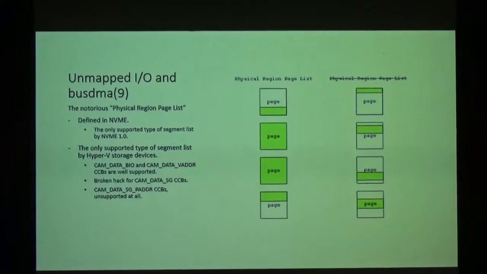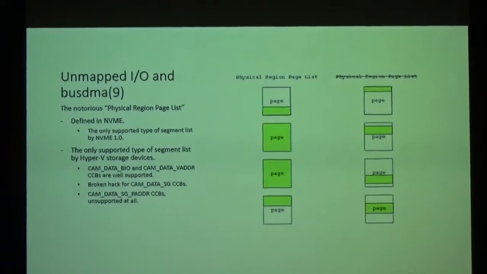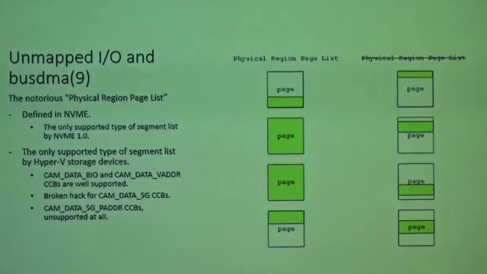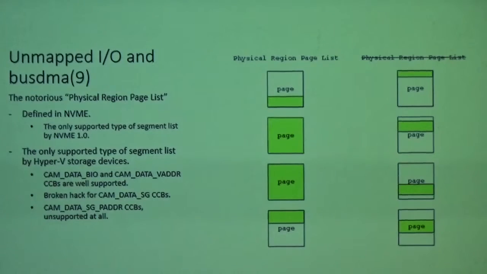But here comes the ugly case. It's actually pretty ugly for NVMe and actually exists in Hyper-V. I think NVMe 1.0 is kind of involved. Microsoft, I think, yeah, it's probably the case. So NVMe 1.0 shares the same design. It's called the physical region page list. It's kind of a weird thing.